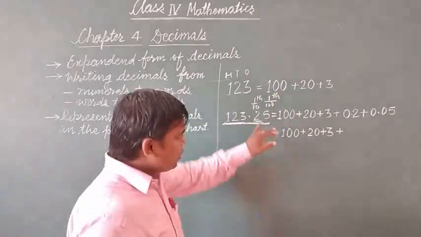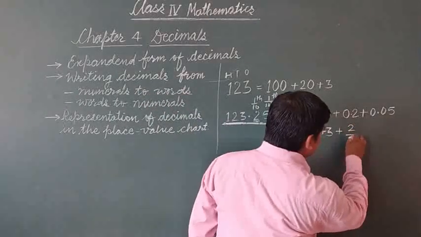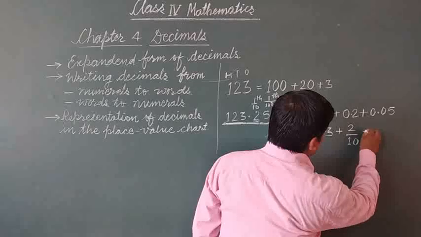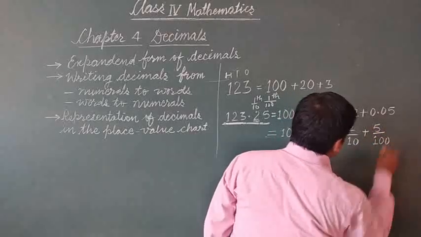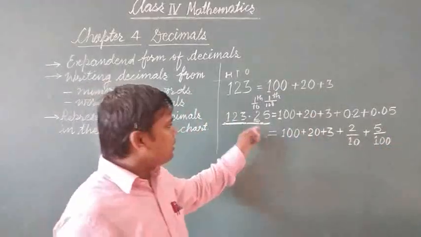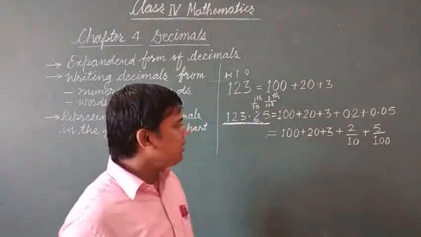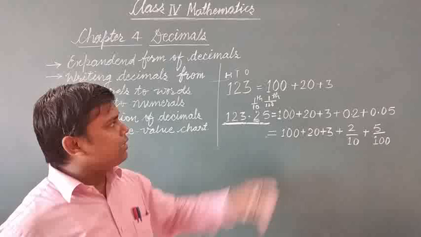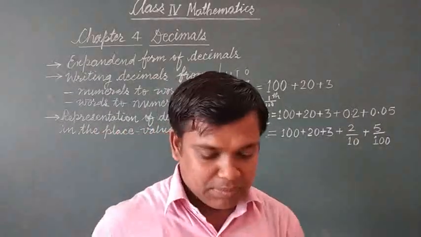So for 2 you can also write 2 by 10, and for 5 you can also write 5 by 100, as 2 in this number has come at the tenths place and 5 has come at the hundredths place. So like this you can write the expanded form of any decimal number.